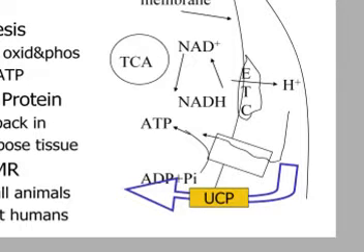With uncoupling protein, that proton, that acidic hydrogen, leaks back into the mitochondria without being coupled to the ATP synthesis, so that what you get is heat production from the burning of fuel, but no ATP or no usable energy by the rest of the body.